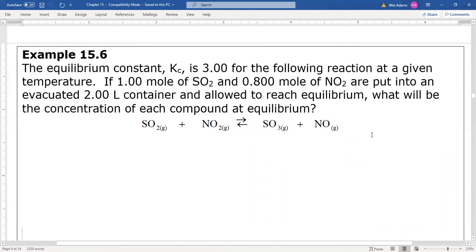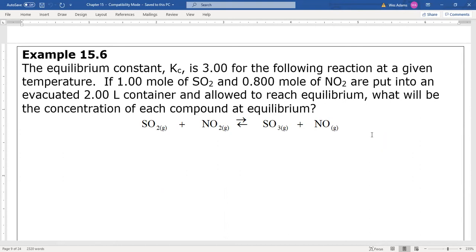All right, so let's look at this next problem. The equilibrium constant Kc is 3 for this particular reaction, and we have 0.8 moles of NO2 and 1 mole of SO2, but it's a 2 liter container, so I have to divide that in half.